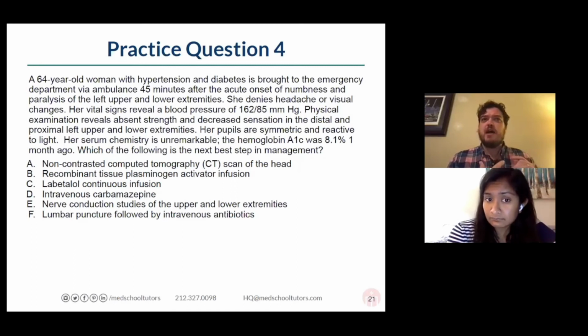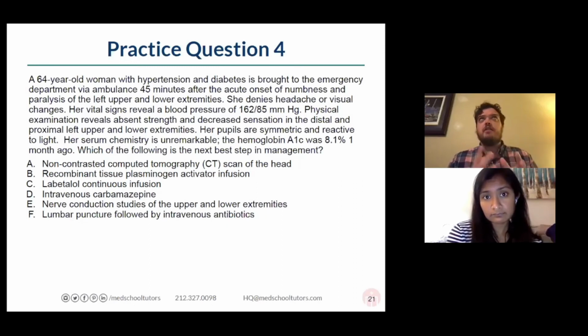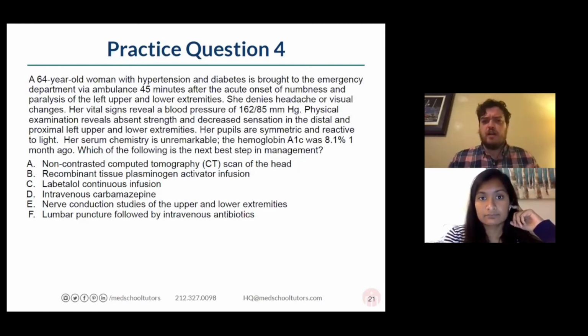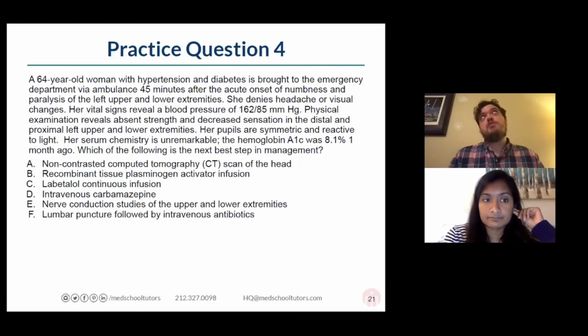So if I'm thinking backwards, I don't think this is peripheral. I have a lower suspicion of it given the acute onset. I'm not getting a trauma history here. Less likely to be a hemicord syndrome like Brown-Séquard or something like that. And we're not hearing about loss of temperature sensation on the contralateral side of the body, but I'm really thinking this is going to be intracranial. And there's the most common neurologic problem in the United States that I feel like is going to be an issue here.